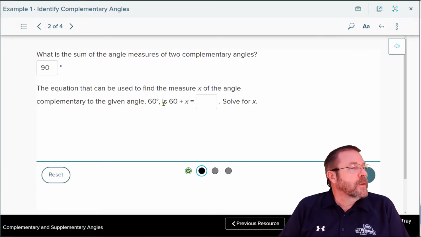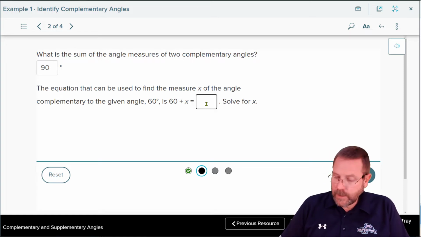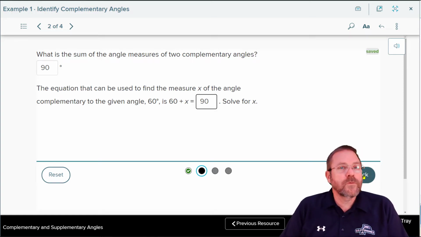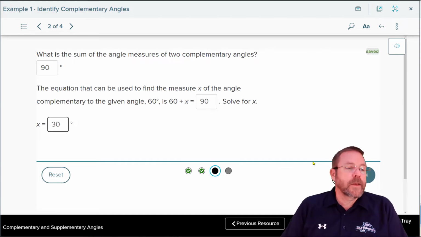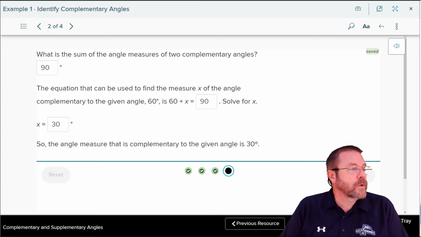From there, the equation is going to be 60 plus x is equal to 90. That's going to be our formula for solving it. And then we're going to solve for x. And when you solve for x, you do need to show the big kid supporting work where you subtract 60 on both sides in order to find out that x is going to equal 30. And so this is the measure of the missing angle. It's going to be 30 degrees.